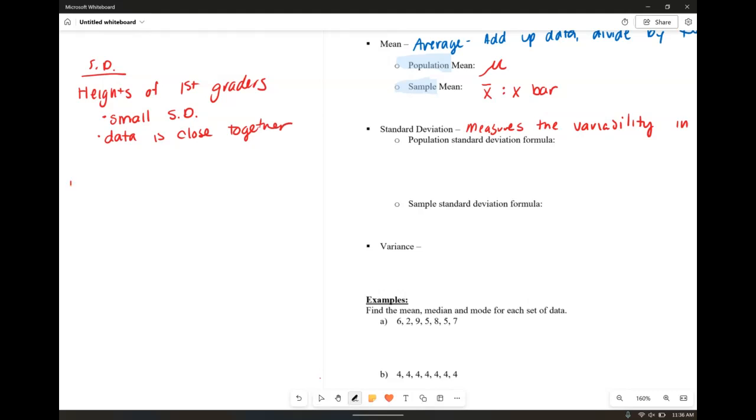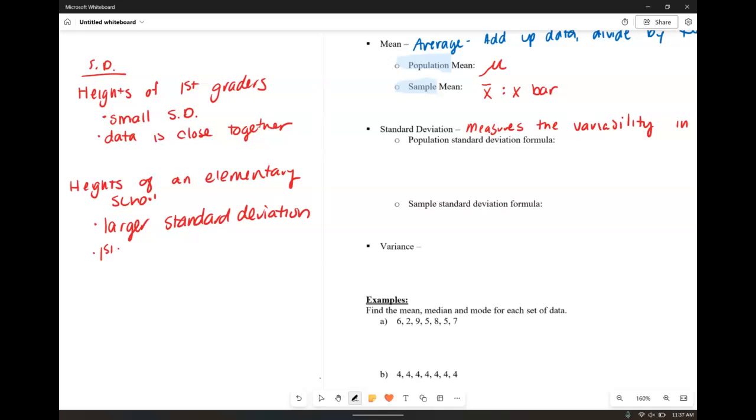Okay, now let's say we talk about the heights of an elementary school as a set of data. Okay, this is going to have a larger standard deviation because now we're comparing heights from first grade all the way up to fifth grade.